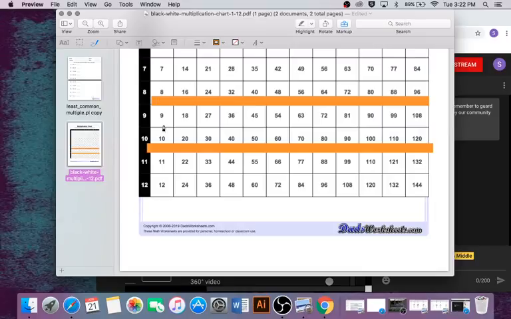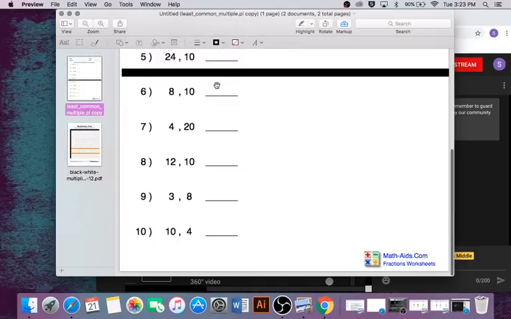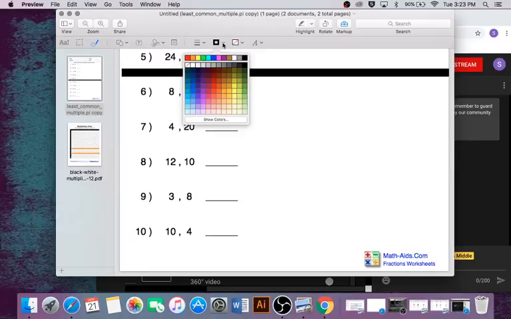So 8 and 10, 16 doesn't go into 10, 24 doesn't go into 10, 32 doesn't go into 10, but 40 goes into 10. 40 goes into both 8 and 10. So that would be the least common multiple between 8 and 10.